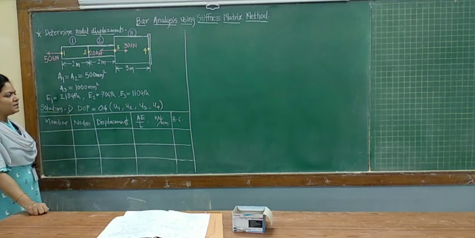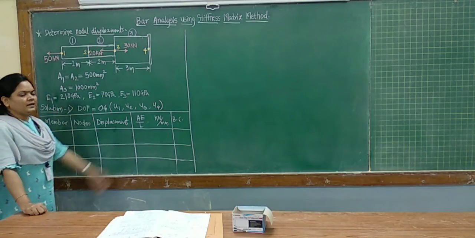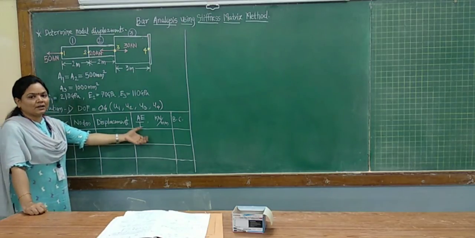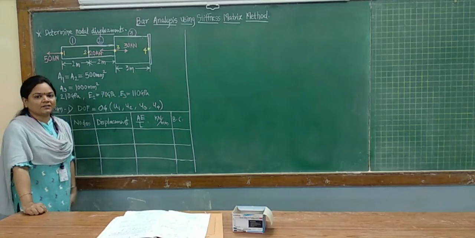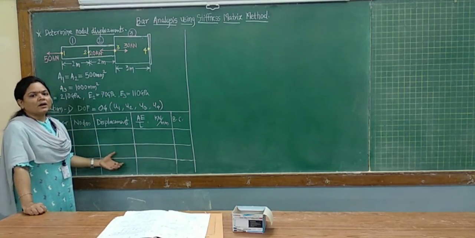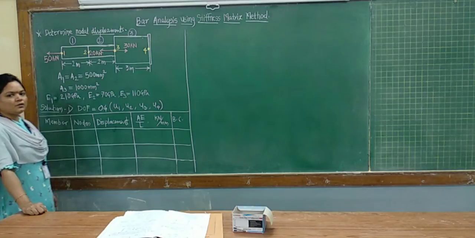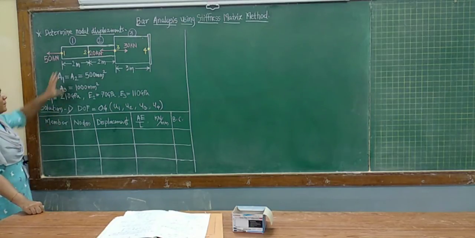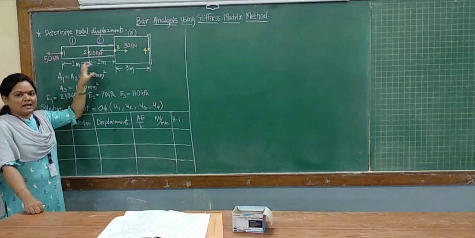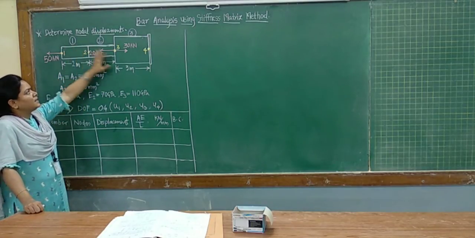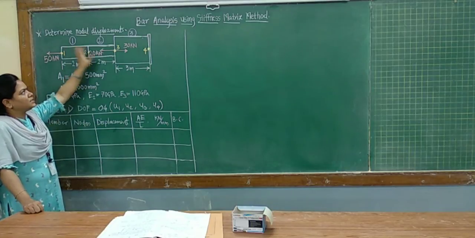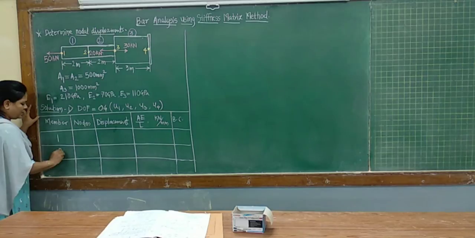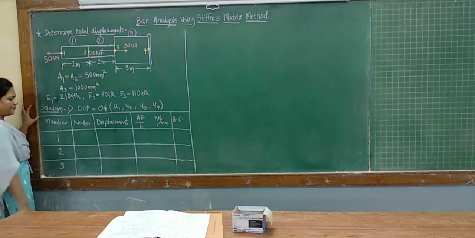Now the next thing is to write the stiffness matrix table, because whatever we require to write the stiffness matrix forms a tabular section. The very first column is of members. As it is a composed bar consisting of 3 elements, simply write member number 1, 2 and 3.